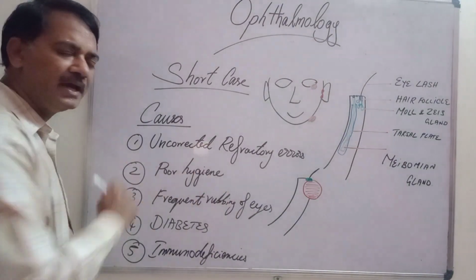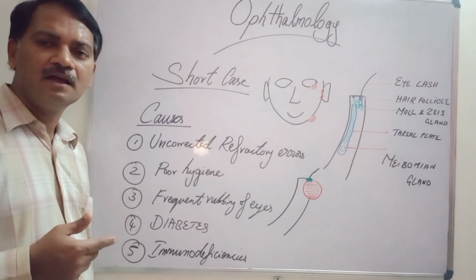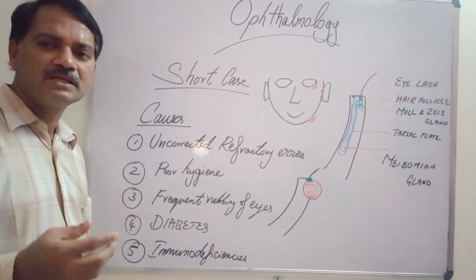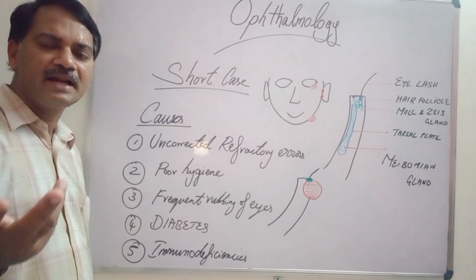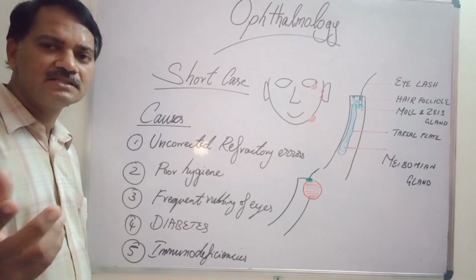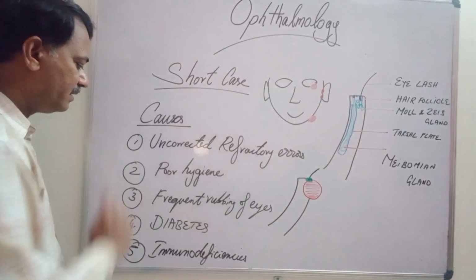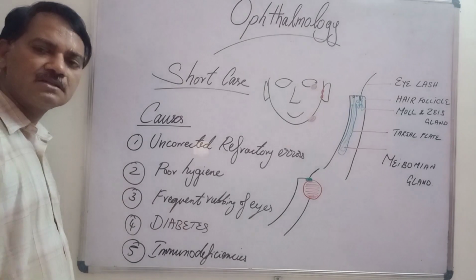Frequent rubbing of eyes. Some people have the habit of frequently rubbing their eyes. When they do it, they rub their eyes with unclean or unhygienic hands, inoculating infections into the eye, causing the swelling. Diabetes.